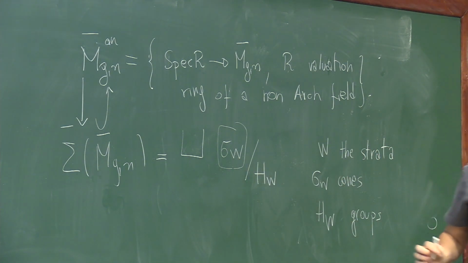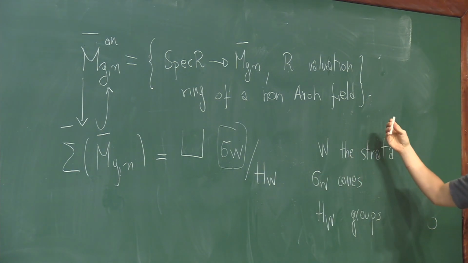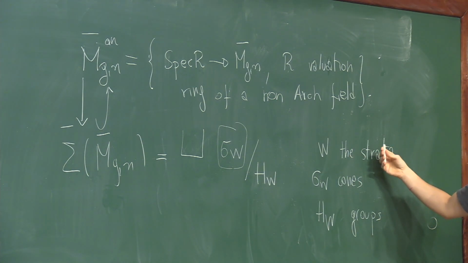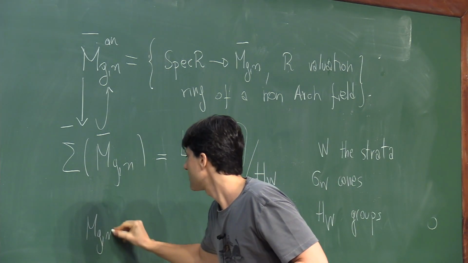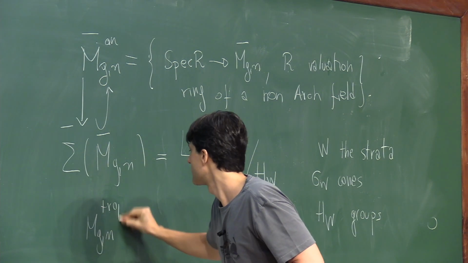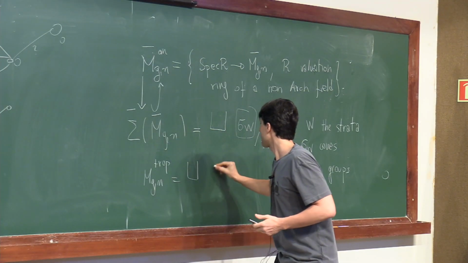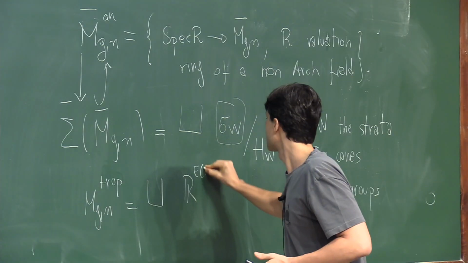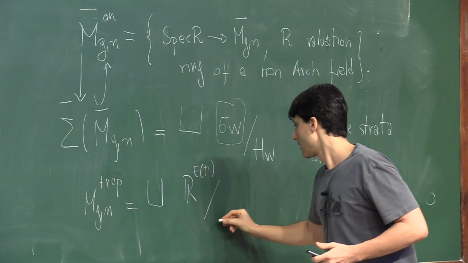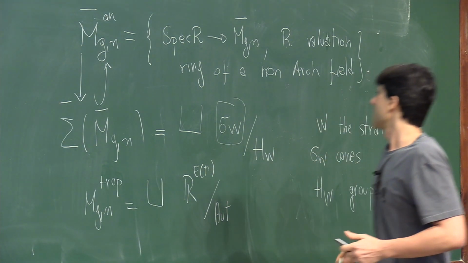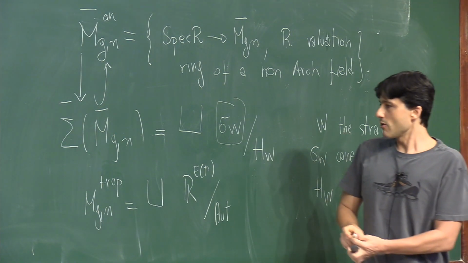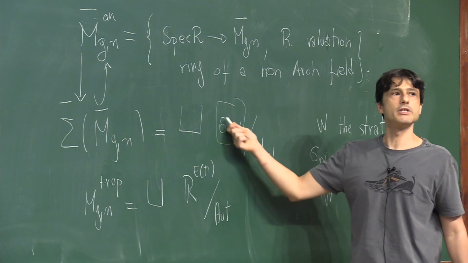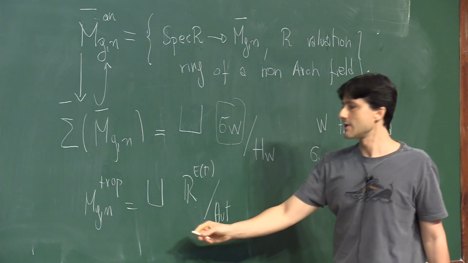So in some sense, here the combinatorial, while M_G tropical, I recall, was the union of a bunch of cones modulo automorphism.